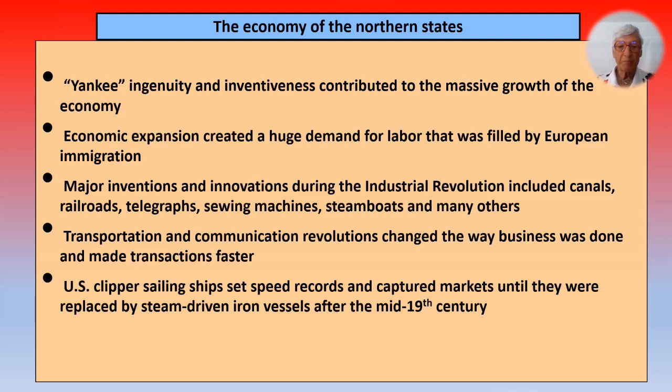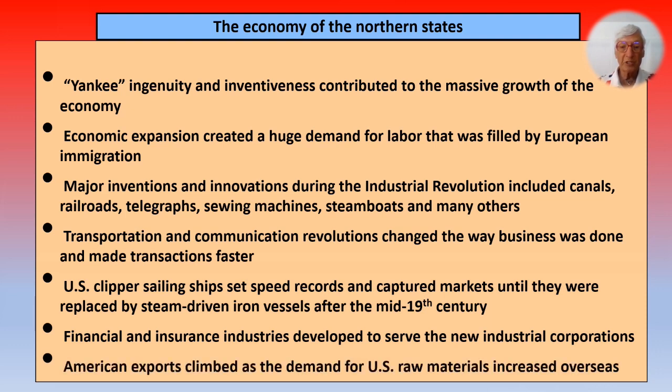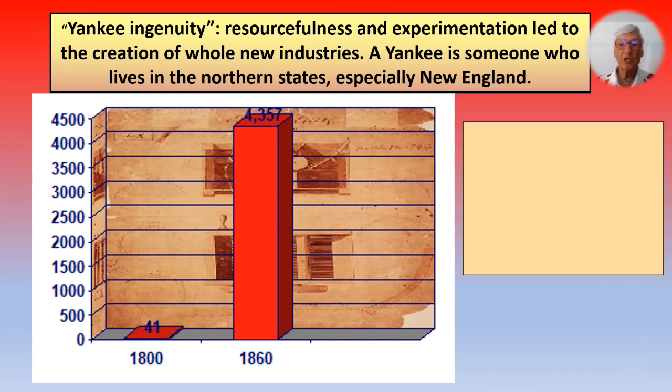U.S. clipper ships that were sailing around the world set speed records and captured markets until they too were replaced by steam-driven iron vessels in the mid-19th century. Financial and insurance industries developed to serve the new industrial corporations, and American exports climbed as the demand for U.S. raw materials increased overseas. Yankee ingenuity, resourcefulness, and experimentation led to the creation of whole new industries.